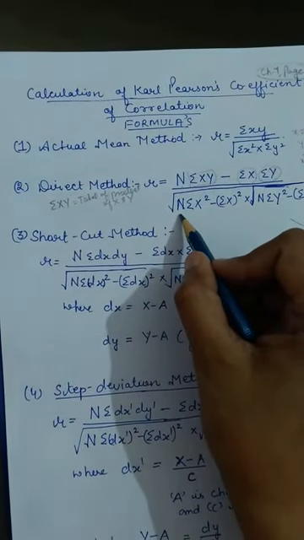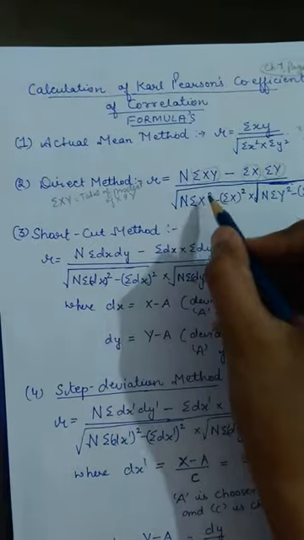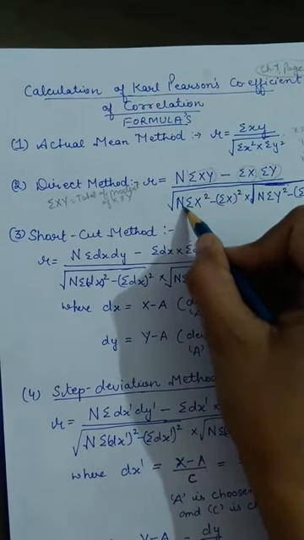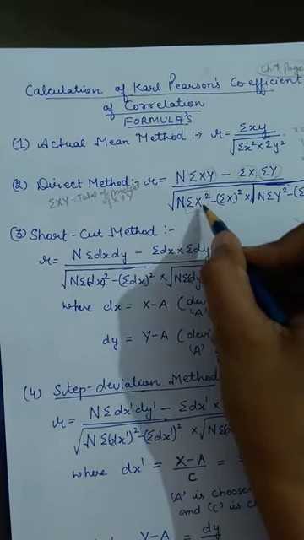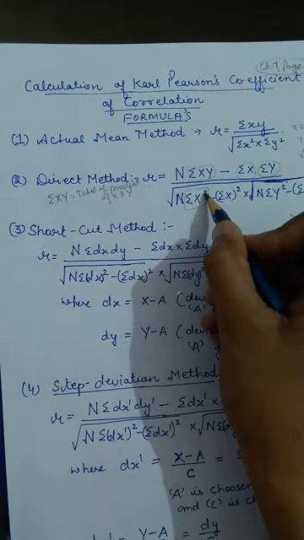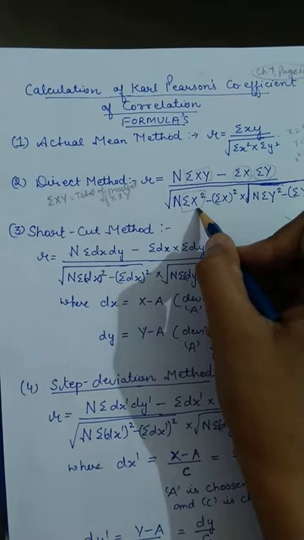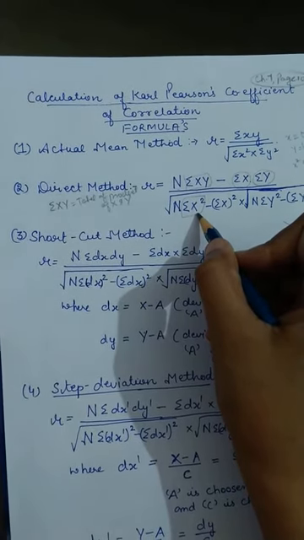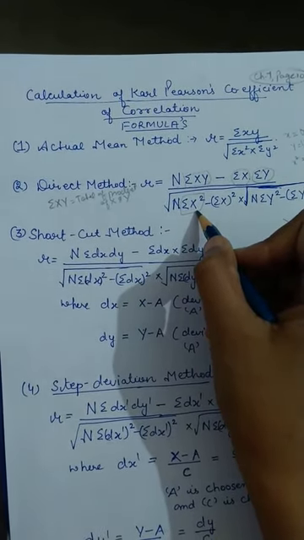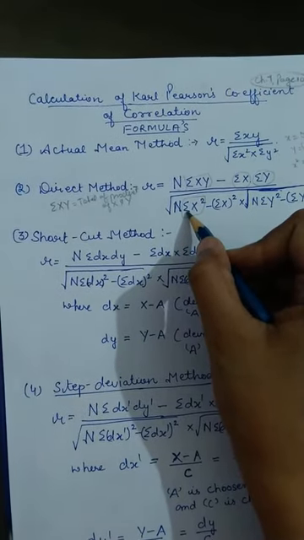Then here you are having the total of x square column, where you are doing all the square of x values and then you are finding the total at last.